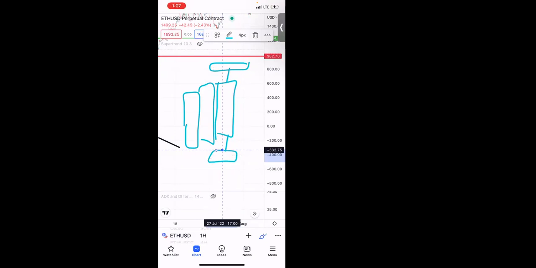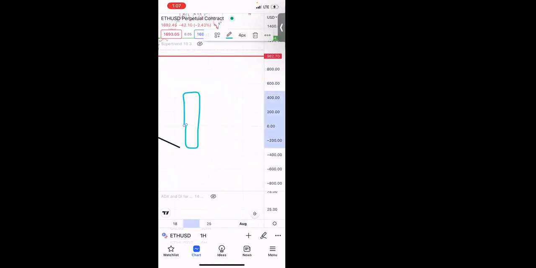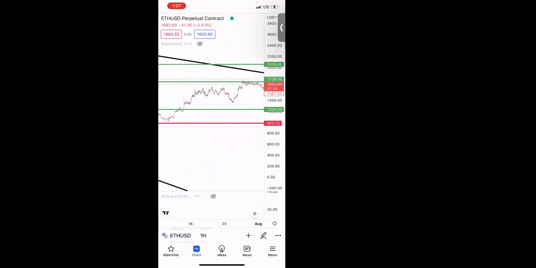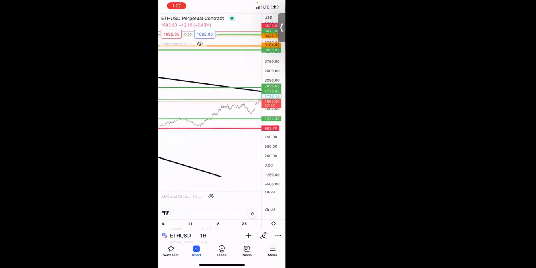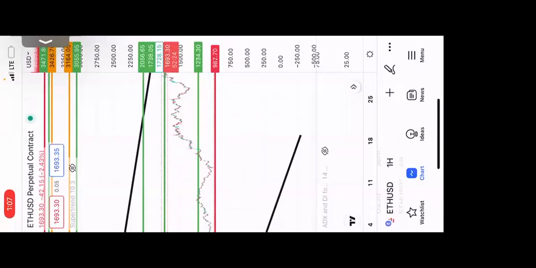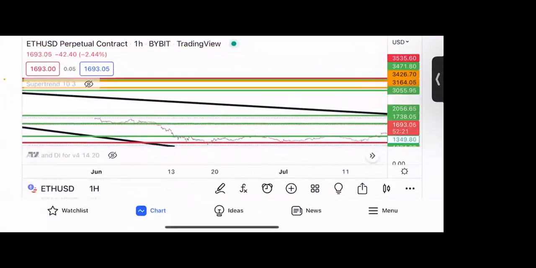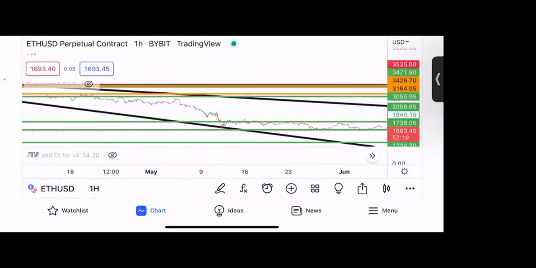Okay, so the lines that you just saw me draw, all these lines. Give me a second, let me erase this. The yellow lines, let me go back to the top.